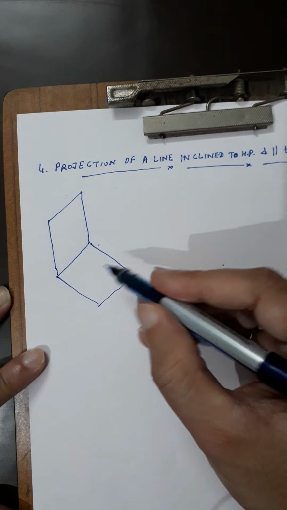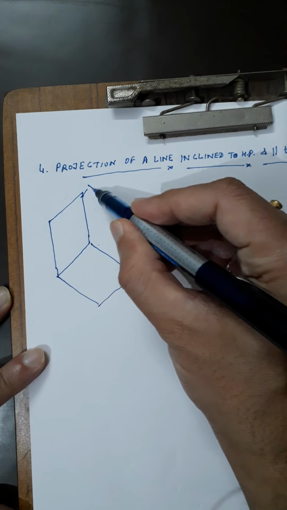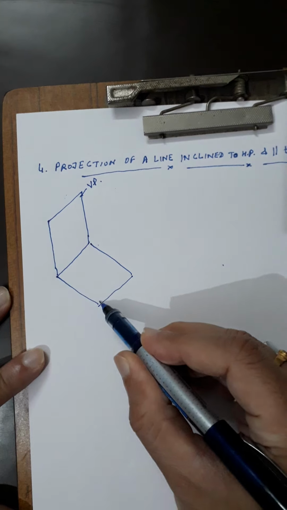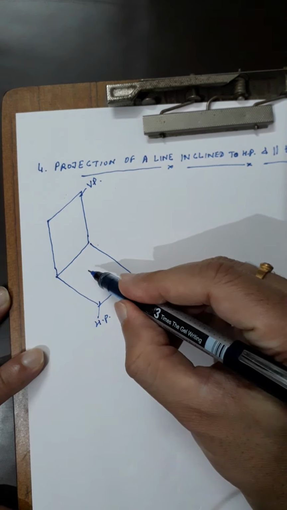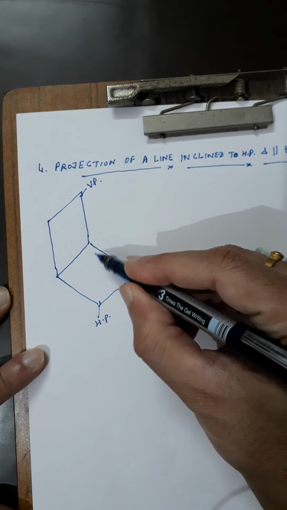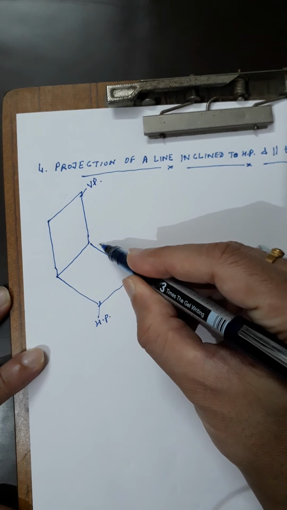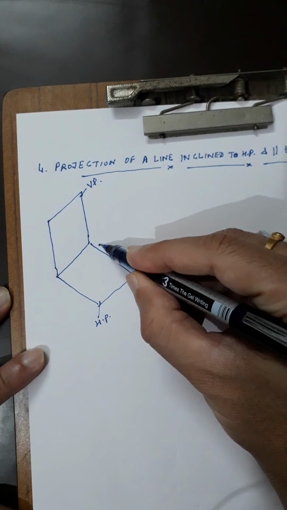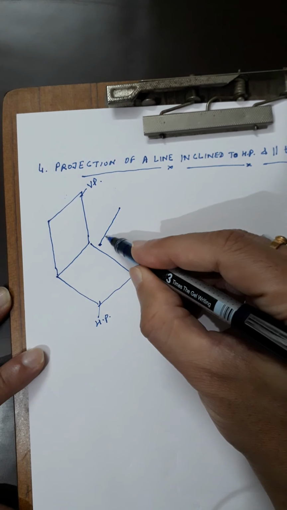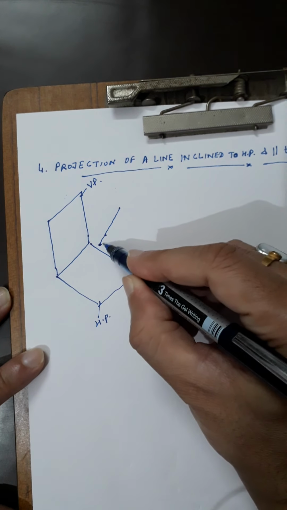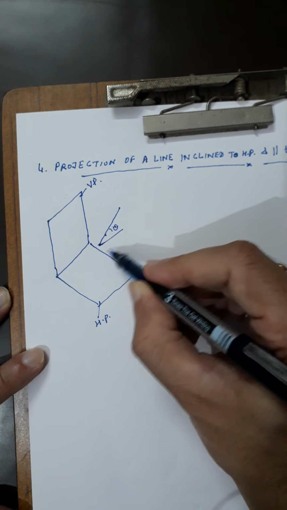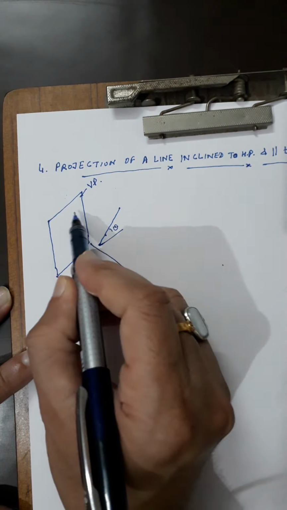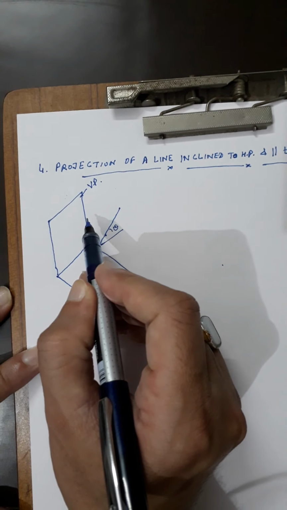Now you can see this is the vertical plane and this is the horizontal plane, and the line is inclined to HP at some angle. So the line will be inclined to this horizontal plane at some angle, say theta, but it is parallel to VP.